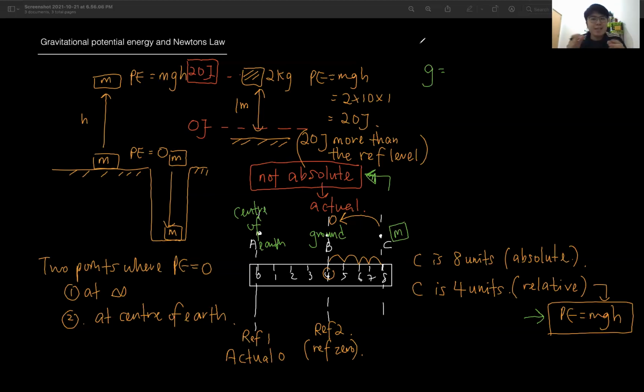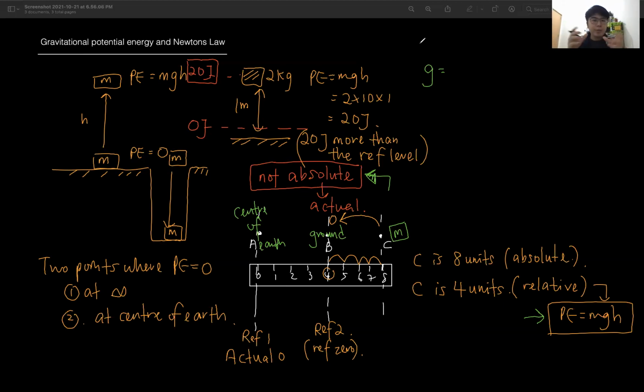So it makes sense to just use 0 at the ground, and it makes all the calculation easy. Because if all the calculation is going to be done at the surface of the Earth, then why do I take the 0 point at infinity? That just makes things very difficult, very hard. So I just changed my reference point to the ground, and all measurements are relative to the ground.